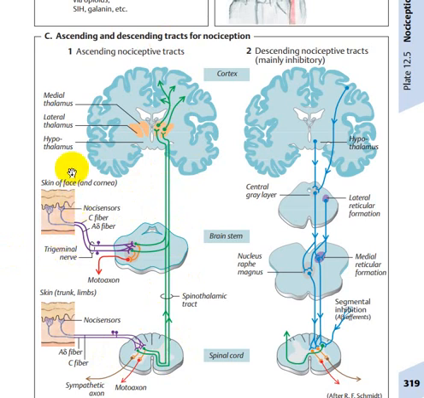Also from the skin, you have the nociceptors, the C and A delta fibers. But on the face, at the level of the pons, there are no nuclei for sympathetic stimulation.